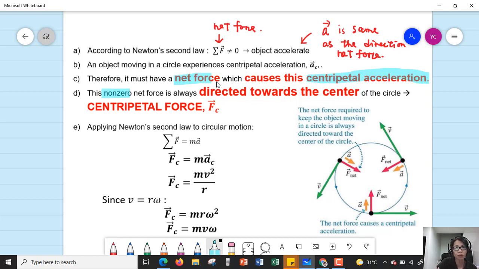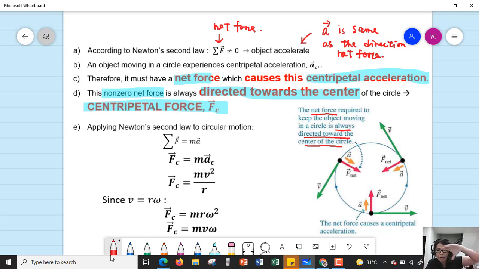This non-zero net force is always in the same direction as the acceleration, so it is always directed towards the center of the circle. We give it a special name, centripetal force, F_c. For any object that moves in a circle, there must be a net force always directed towards the center, causing centripetal acceleration and enabling the object to perform circular motion.